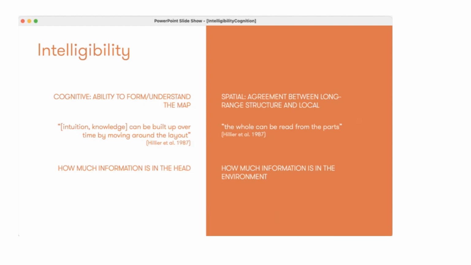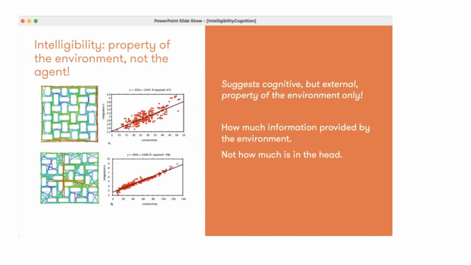It's about how much information is there in the environment telling you at every point on the graph where you are. So these two different versions of intelligibility, one cognitive and one spatial, are often conflated in the literature. But I think the relationship is very important. So, as I said, the measures are properties of the environment, not properties of the agent.